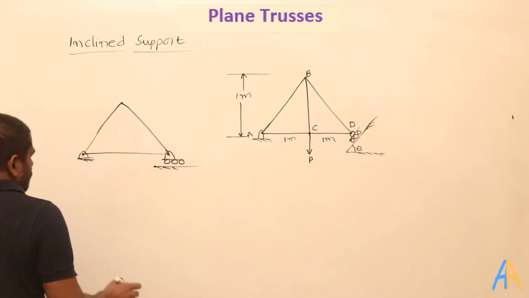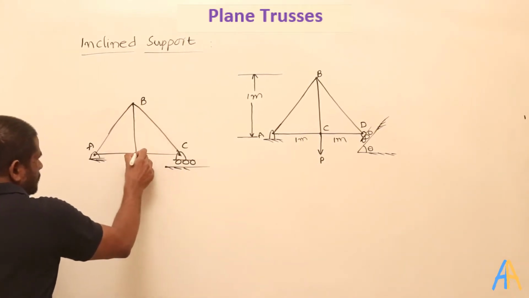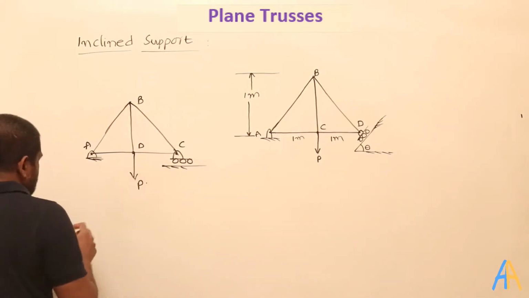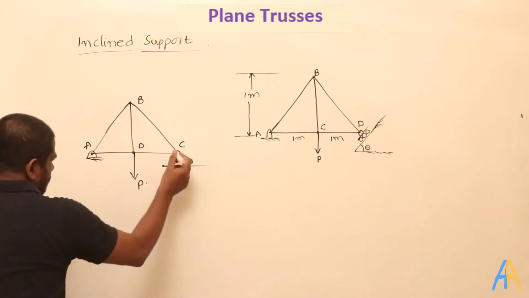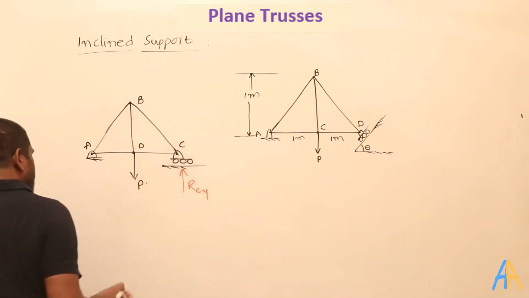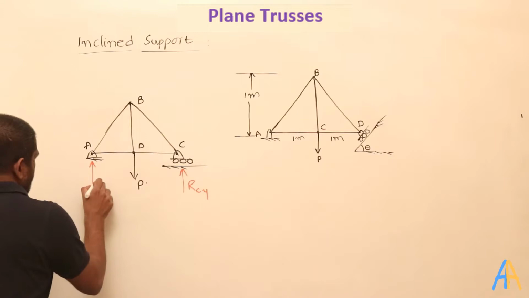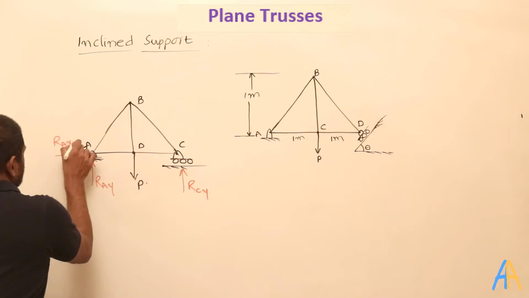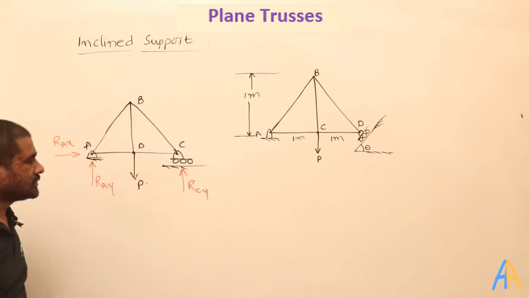This is the point A, B, and then C, and this is the point D where I applied force P. Because of the applied force P, what are the reactionary forces at the supports? At point C the reactionary force is Rcy in the vertical direction, and at point A there are Ray in the vertical direction and Rax.